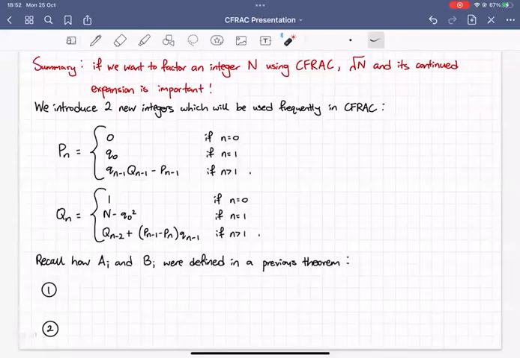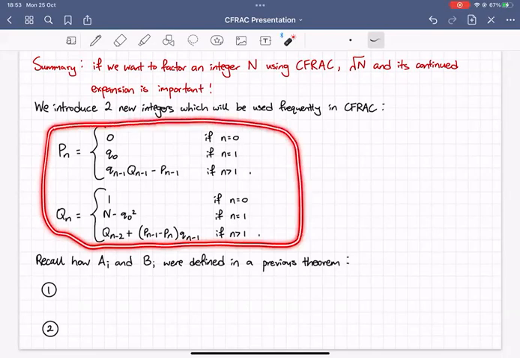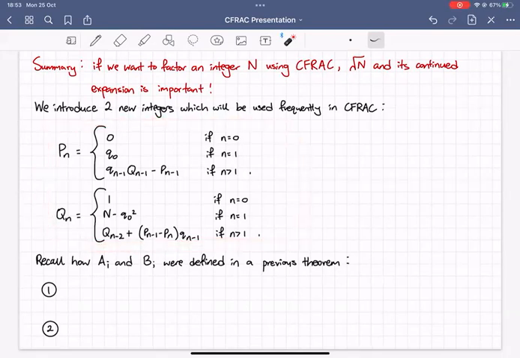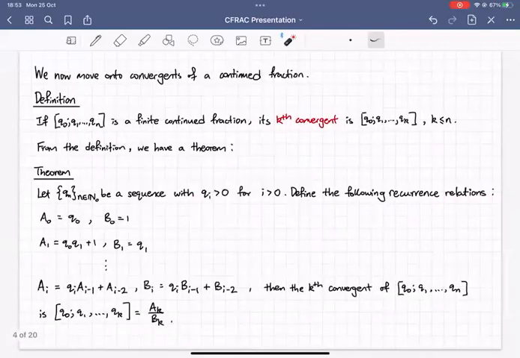So the summary from all that we've just said is, if we want to factor an integer n using the continued fraction algorithm, then we need to consider the square root of n and its continued fraction expansion. Okay, so we will now use 2 new integers. They are defined like this, so feel free to just pause and take a look at that. And then recall this theorem, how we define AI and BI.